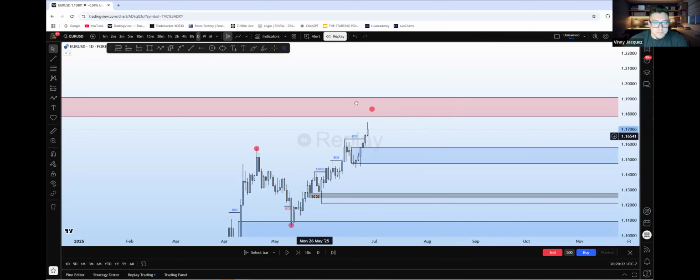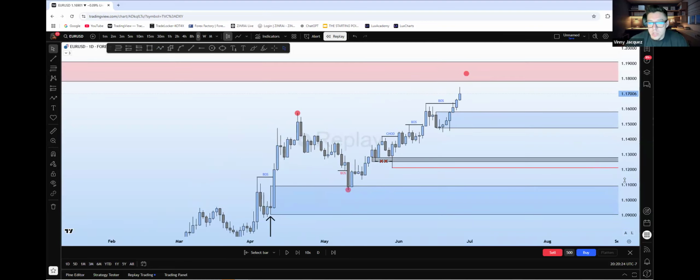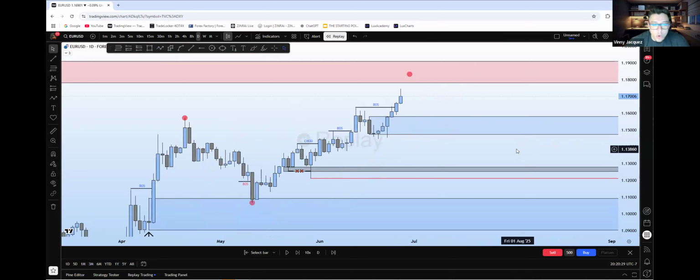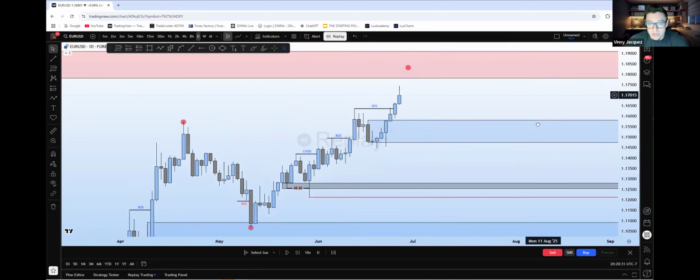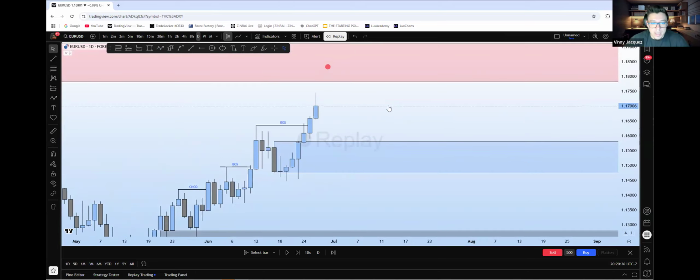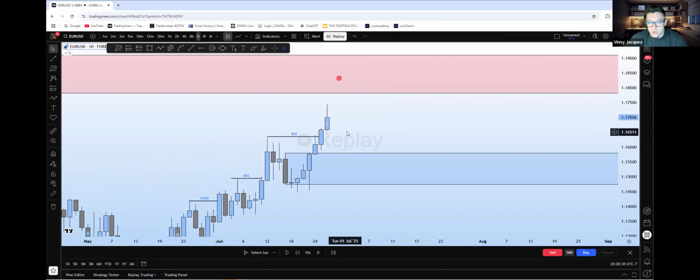So let's take a look. And that's the one thing that you have to develop. That was so hard for me, knowing that was a possible sell zone, but I didn't have to take it, to preserve capital just in case I do take a loss as the market is aggressively buying, right? So that's just something that you have to backtest and see and understand that sometimes waiting helps you stop taking unnecessary losses, right?